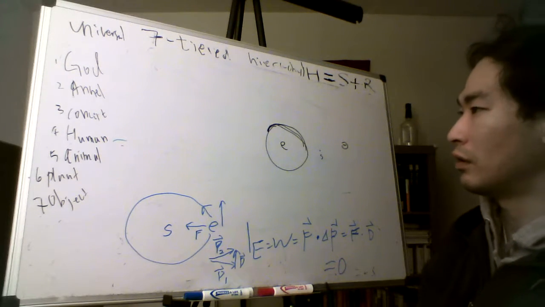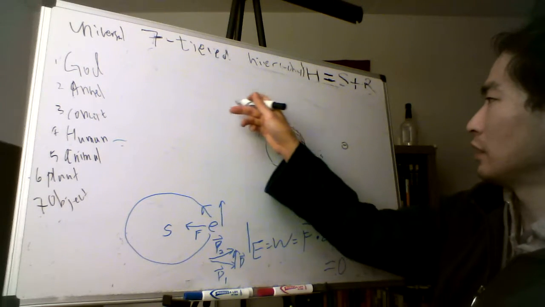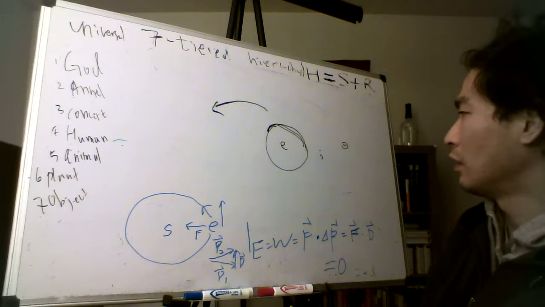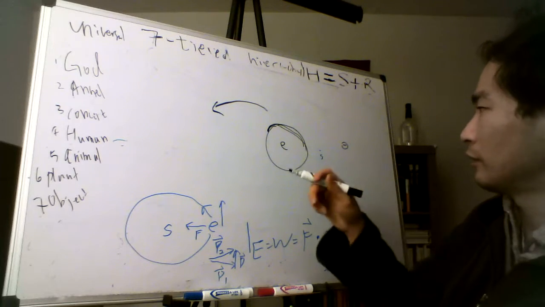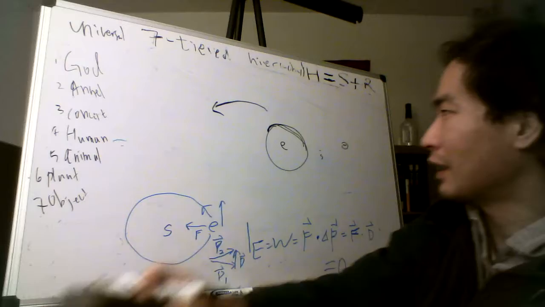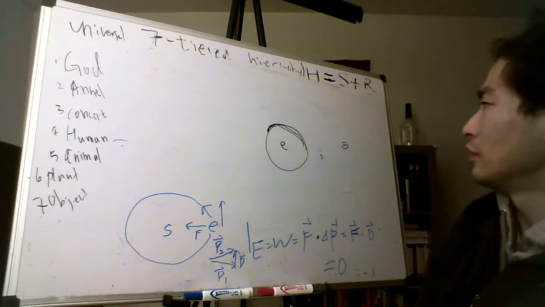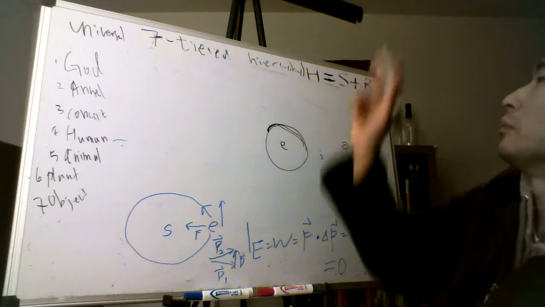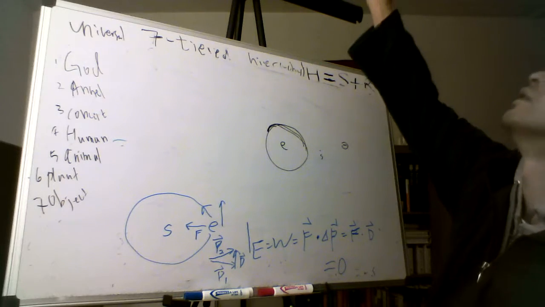Let's say Earth rotates this way around the sun. Let's just assume Earth rotates by itself on its axis. Just simplify, we're not going to go into too much detail. So you throw out a stone, perpendicular, straight up.